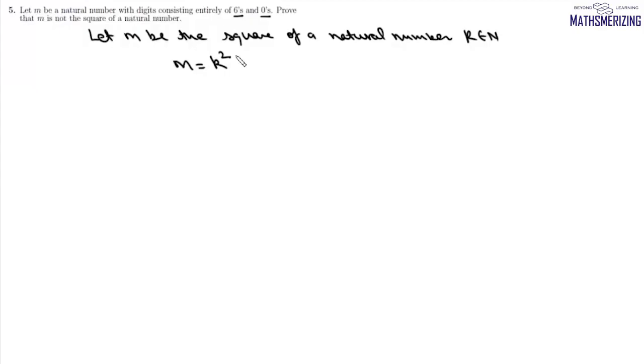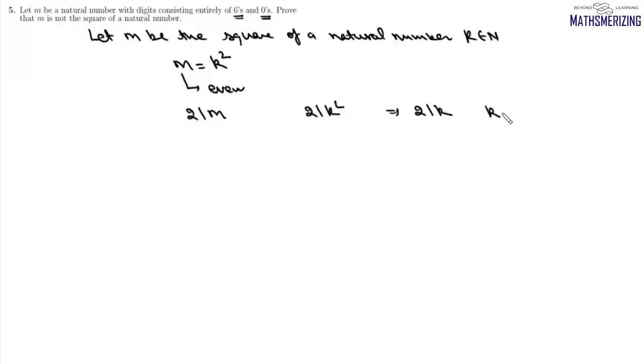Now since this number contains the digits 6 and 0, that means this m is an even number. If m is even, that means 2 divides m. If 2 divides m, it means 2 divides k square. And if 2 divides k square, that means 2 divides k.